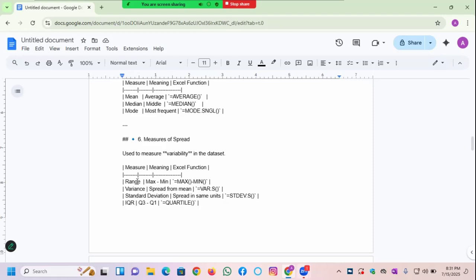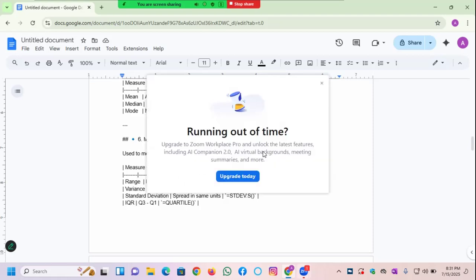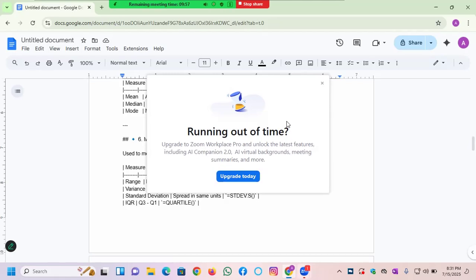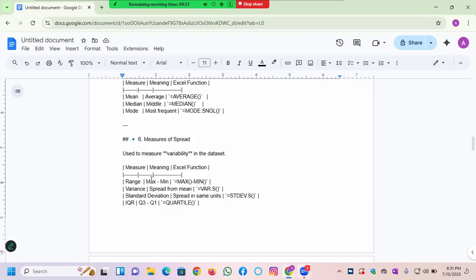And now we know what range is. What is range? Maximum minus minimum. When you have a set of values, the range is the highest value minus the lowest value. That's what we mean by maximum minus minimum. And when you are doing that on Excel, that will be equals MAX, bracket open, bracket close, minus MIN, bracket open, bracket close.